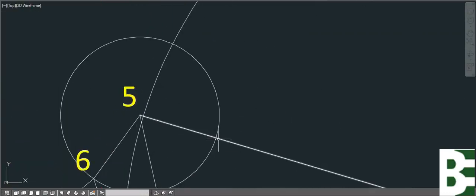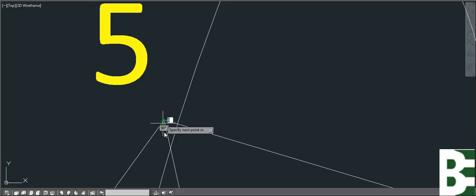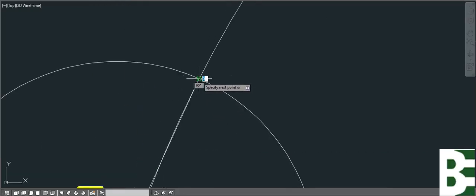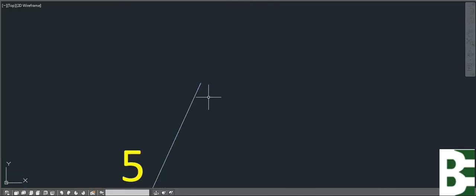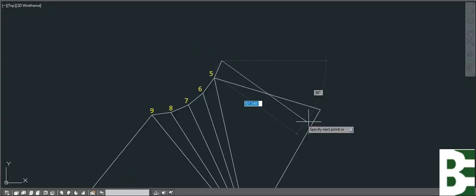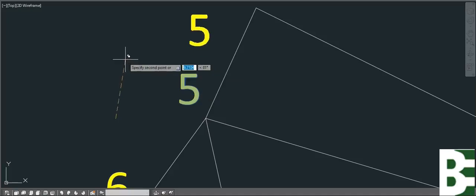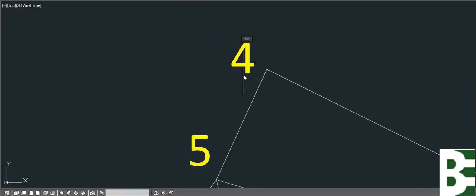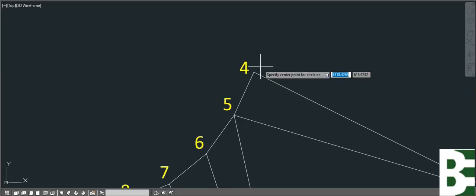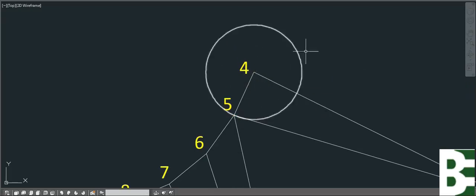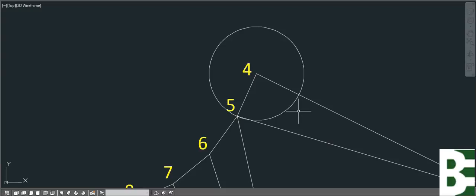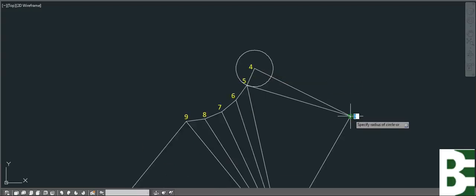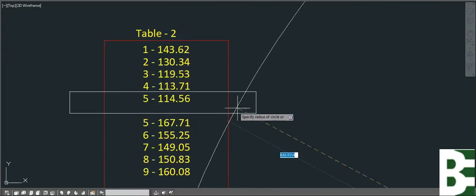Now is number 4, and number 4 is touching here. Now draw a radius for number 3, 119.53.